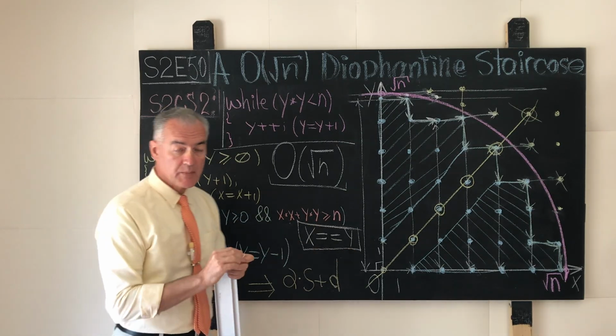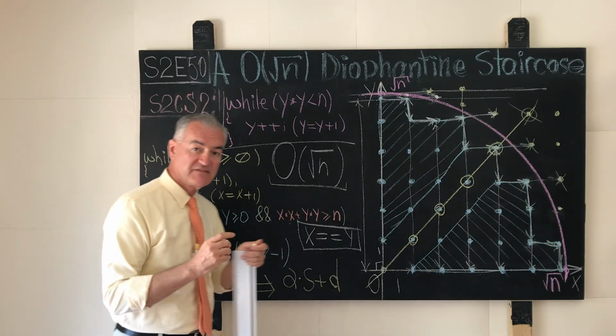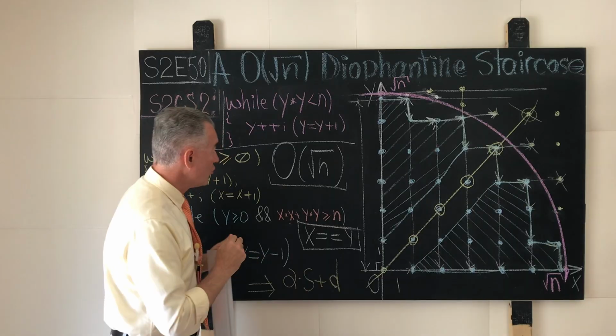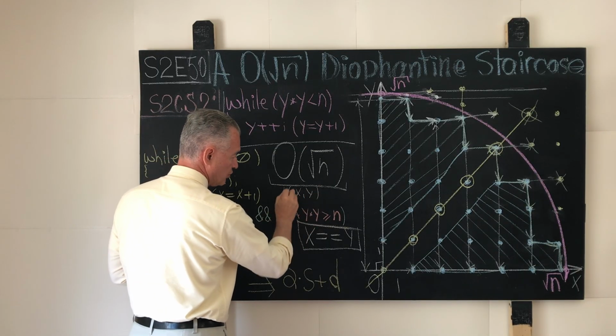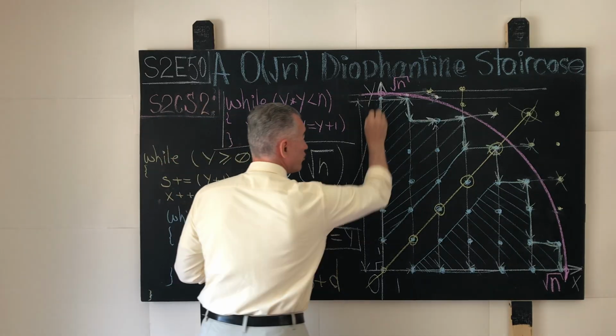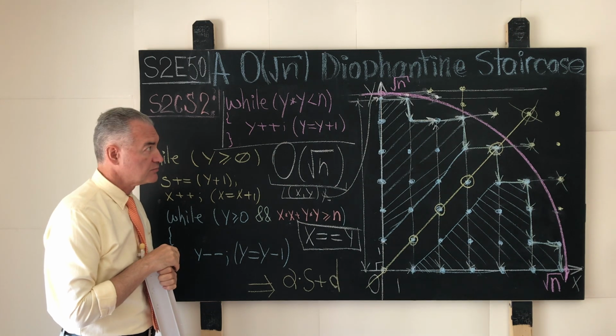Well, remember, we maintain through our while loop the following invariant. The point with the coordinates x, y is the point that sits on the very top, the highest point of the legal column.